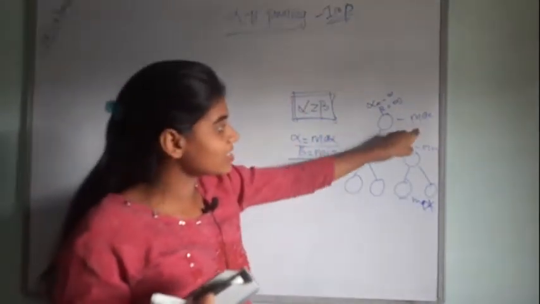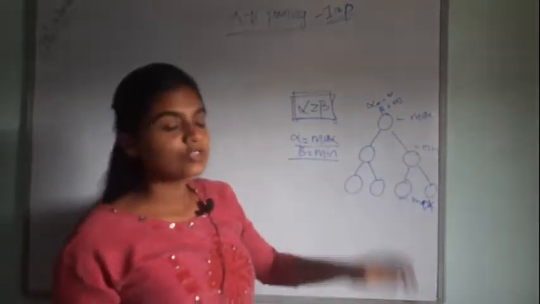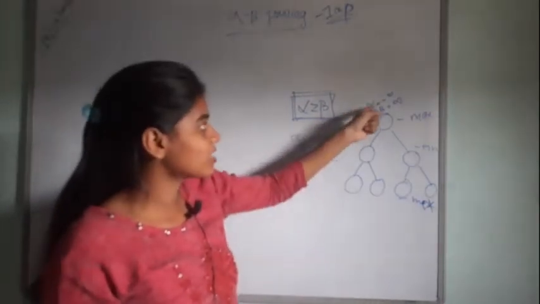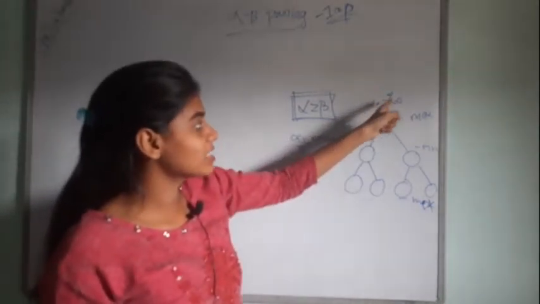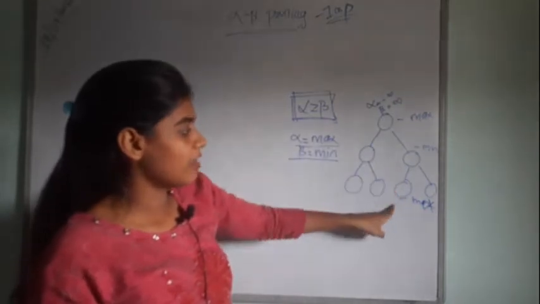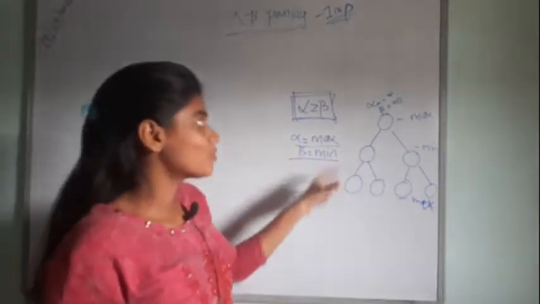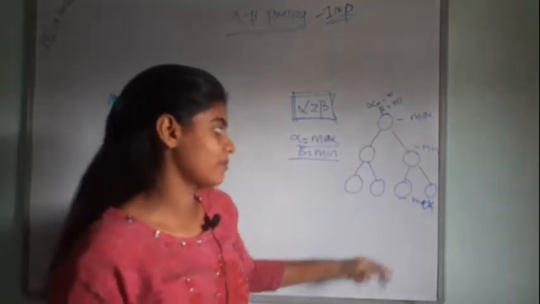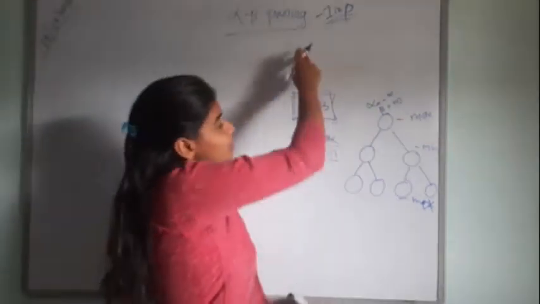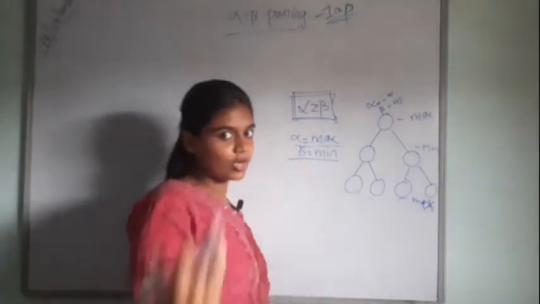So they can understand alpha is maximum and beta is minimum, and in this way they can change the values. That's why they put the layers as max, min, max. So pruning means cutting the part of the tree which is not important.